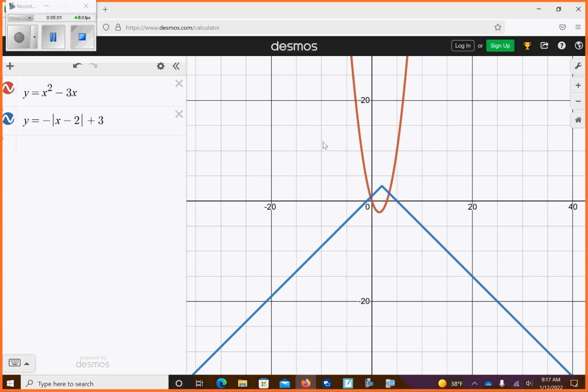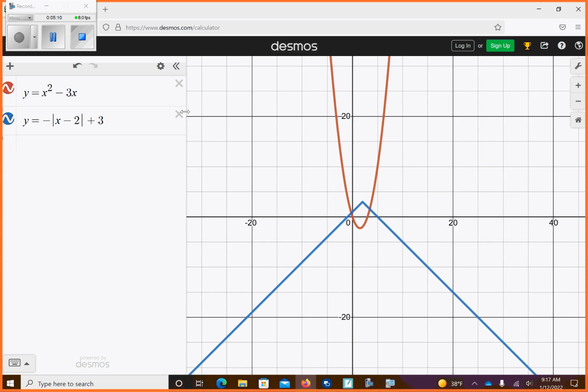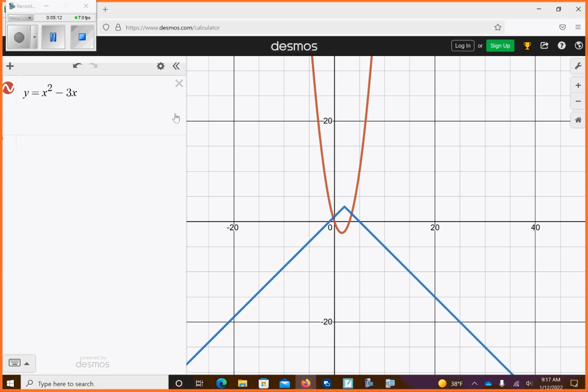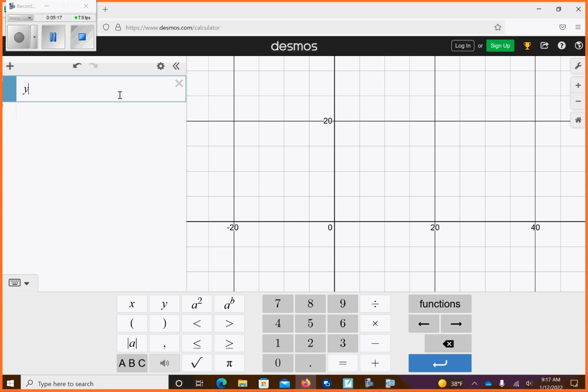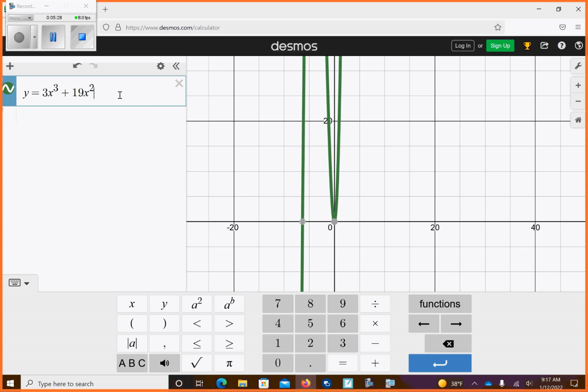Okay. I wanted to choose, there's a problem. I'm going to take a look at problem number 2, just as an example. So we have y equals 3x raised to the third plus 19x squared plus 4x minus 12.